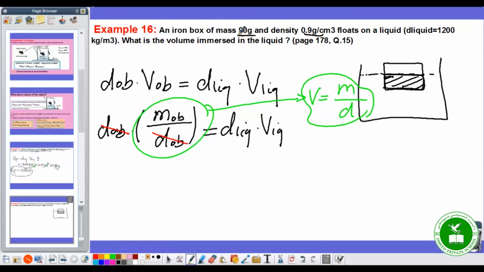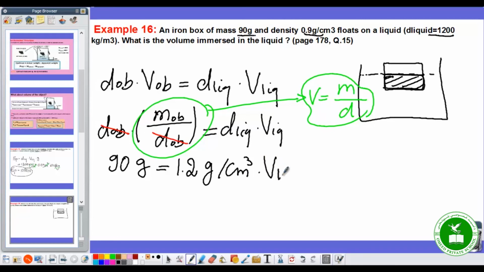Mass of object is 90 gram, which is equal to density of liquid 1200, meaning 1.2 gram per centimeter cube, into volume of displaced liquid. From here you see common factors get cancelled, gram disappears.